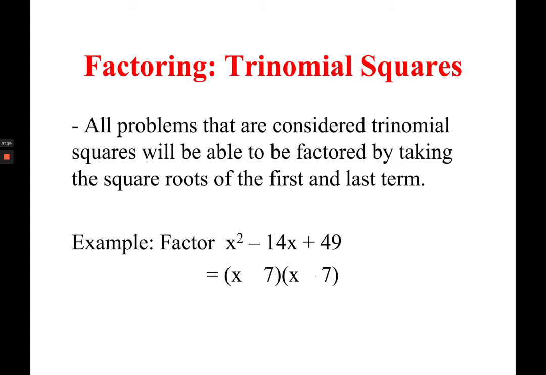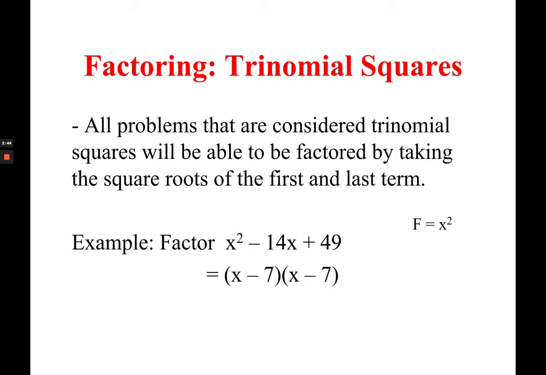Since this is negative, this is the case where you have a repeat of negative. Because if one is negative and the other is positive, it will result in the difference of two squares. So if you have a repeat of the sign, either minus minus or plus plus, that will result in a trinomial square. So let's do the checking.